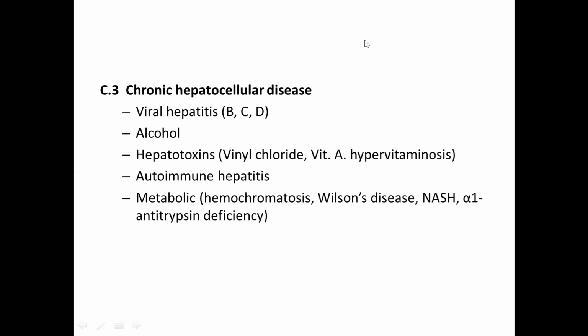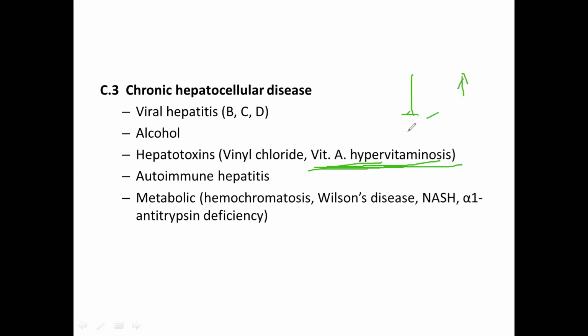And next one is vitamin A hypervitaminosis. That means excessive consumption of vitamin A. So all you know, the liver is high in vitamin A. That means vitamin A is usually stored in the liver. So what will happen if there is hypervitaminosis, that is more consumption of vitamin A, it will directly affect liver cells. So that's why hypervitaminosis can be a cause of jaundice.